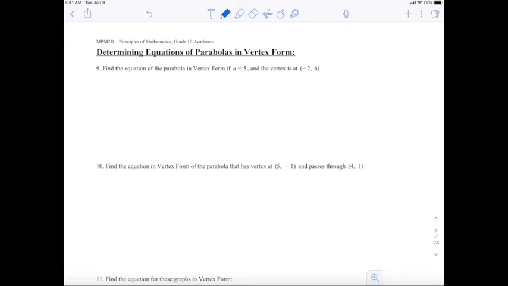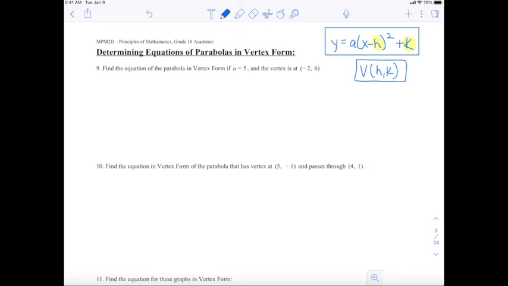What we're doing in number 9 is determining equations of parabolas in vertex form. Now, we haven't spent a whole lot of time on vertex form or calling this vertex form, but that's what this is named. And it's called vertex form because it's really easy to see what the vertex is. So I know my vertex depends on my horizontal translation and my vertical translation. My vertex is (h, k).